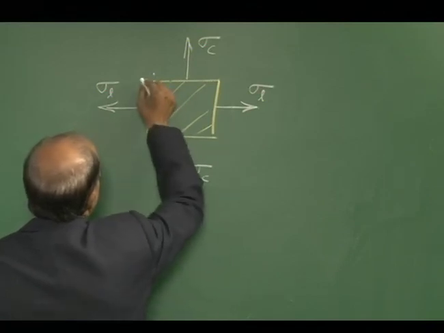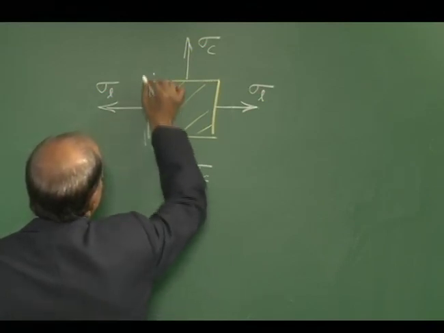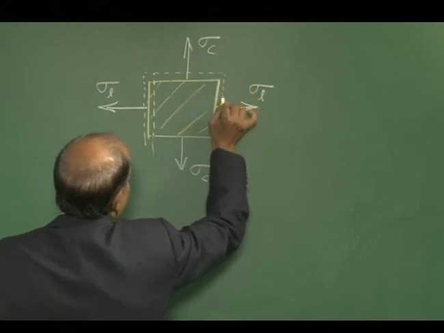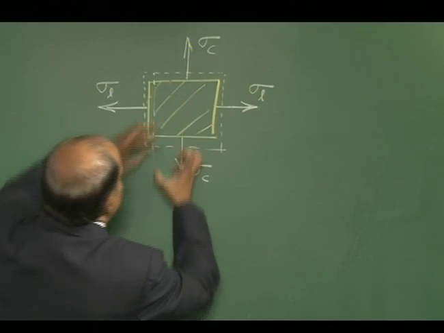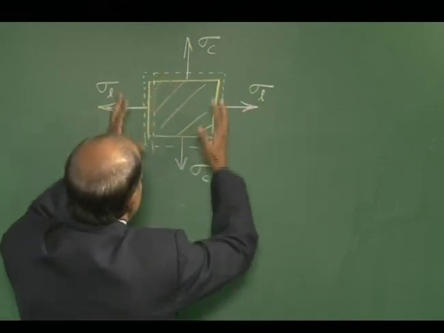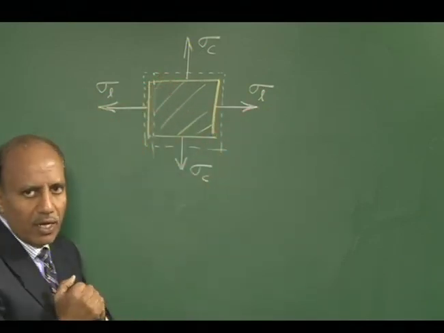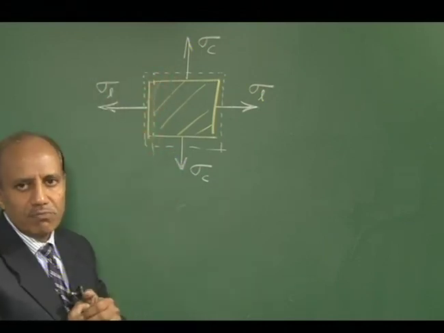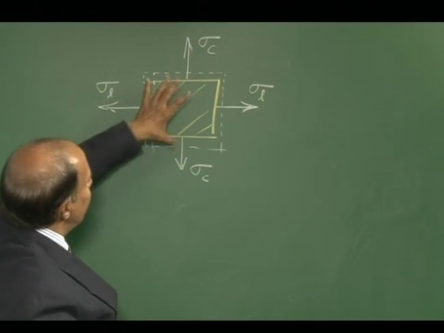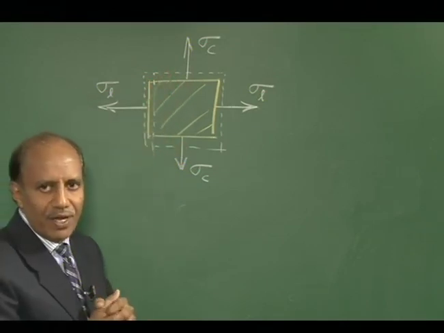It could even be bigger like this, no problem. It gets modified because being stretched in both directions, it becomes bigger. I would like to calculate the change in dimension, that is, the strain that it undergoes in this direction.